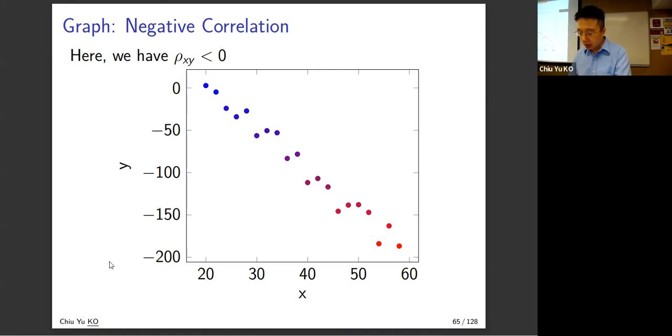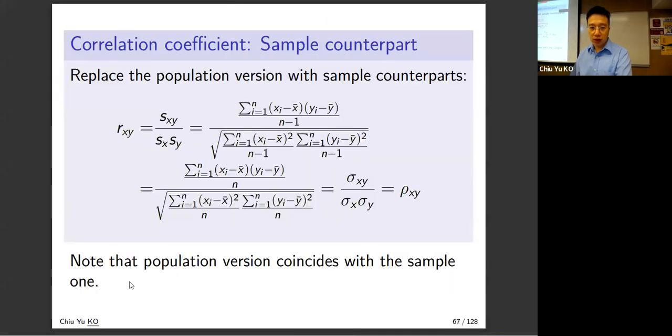Any question before? No. So, some of you may ask this question: we have talked about so many sample versions. Is there a sample version of the correlation coefficient? No. The reason is, the sample one is exactly the same as the population one.